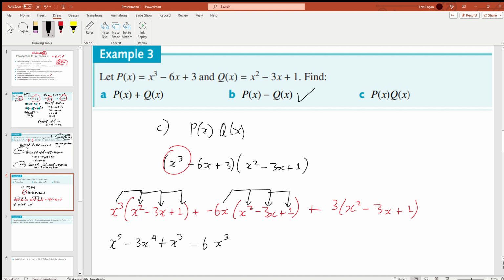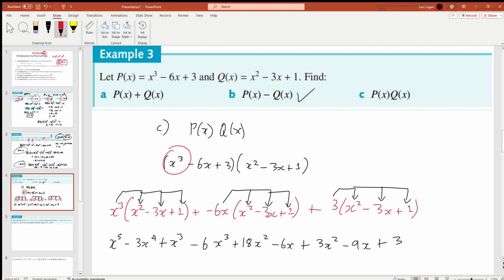Negative 6x multiplied by negative 3x is going to be positive 18x squared. Negative 6x times by 1 is going to be minus 6x, plus, and then you do the same thing down here. 3 times x squared is going to be 3x squared. 3 times by negative 3x is going to be minus 9x. 3 times by 1 is, of course, 3.